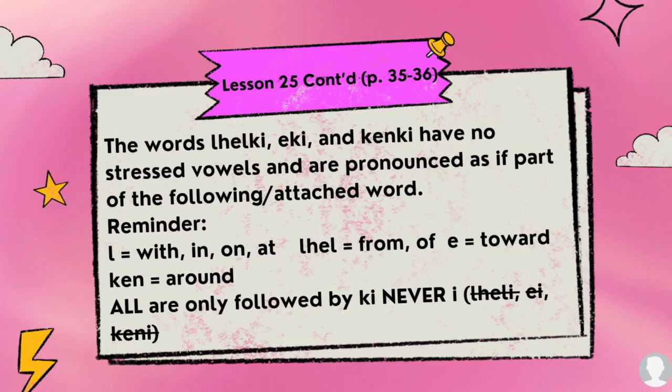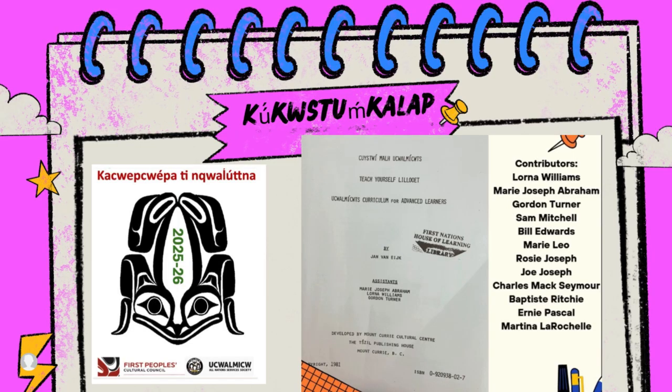And I recommend with all the lessons to pause and go onto the First Voices website and look for examples of words that have hlelki, eki, kinki, etc., and practice them to help the teaching stick. Nishti. That's it.